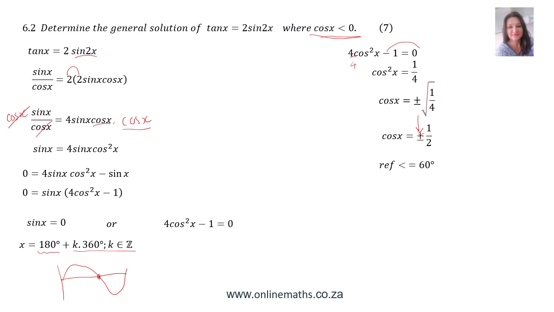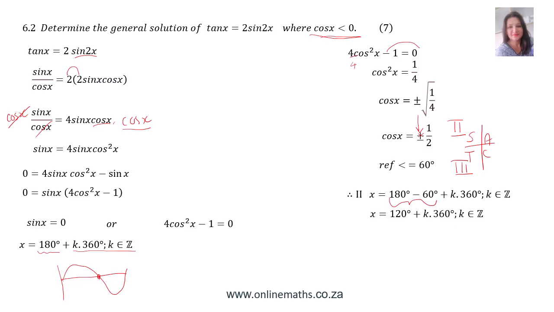We find the reference angle by saying second function cos a half is equal to 60 degrees. And then what happened here was, if we look at the CAST diagram, where is cos negative? Cos is negative in the second and the third quadrant. So the second quadrant is the 180 minus reference angle quadrant.